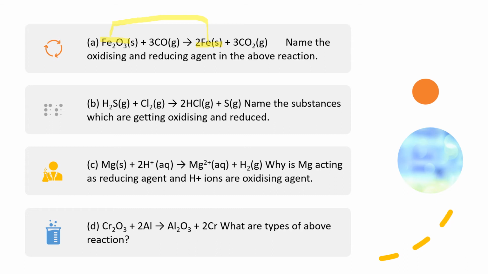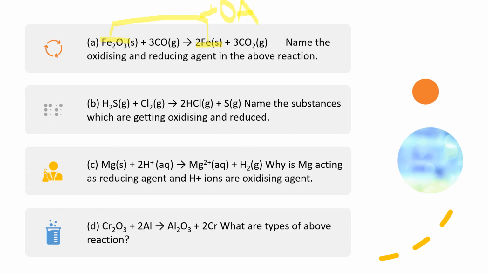You can see oxygen is removed from Fe, which means reduction happens. That means here Fe2O3 is the oxidizing agent.